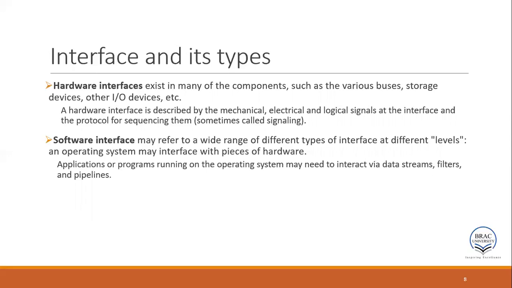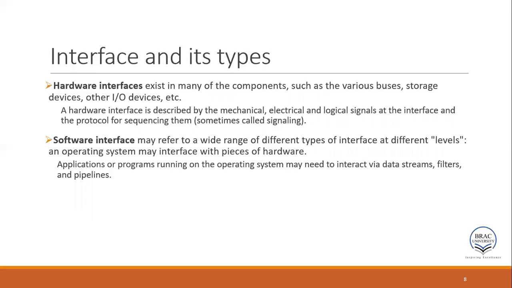Another one is software interface. It may refer to a wide range of different types of interface at different levels. Let me give an example of software interface. We all know when we turn on our computer, the operating system is loaded.